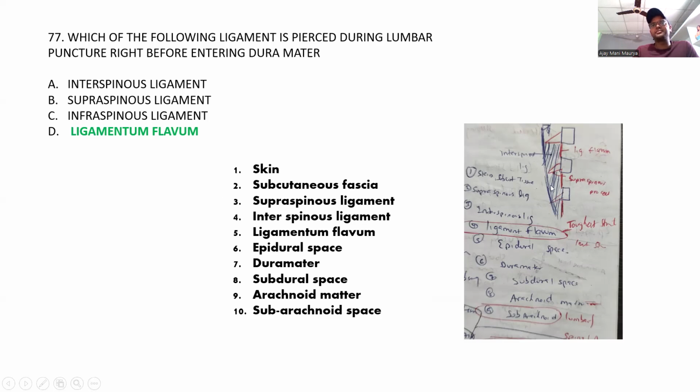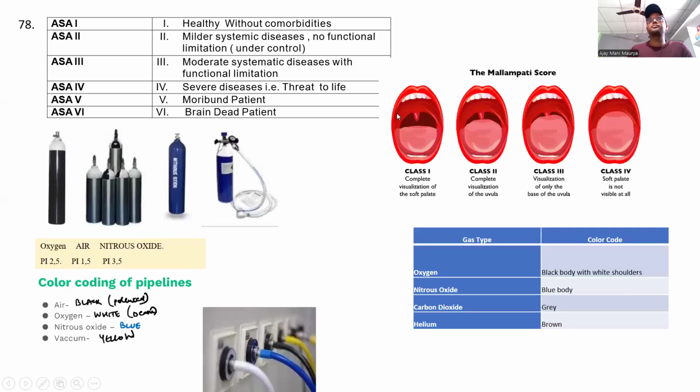Please remember this order. They will ask the toughest layer, which is the ligamentum flavum, guys. Okay, now they may also ask which is the last layer pierced during epidural anesthesia. Please remember this one.